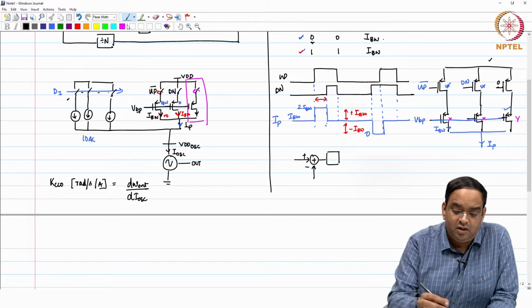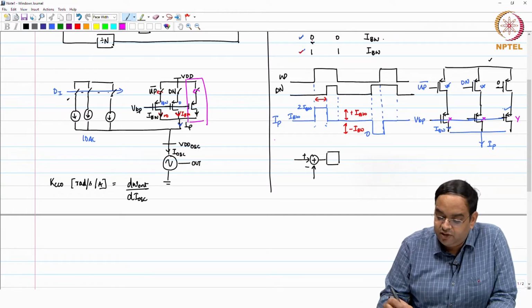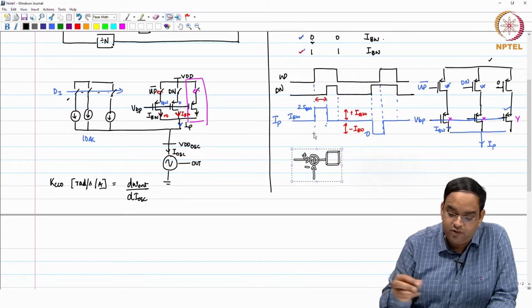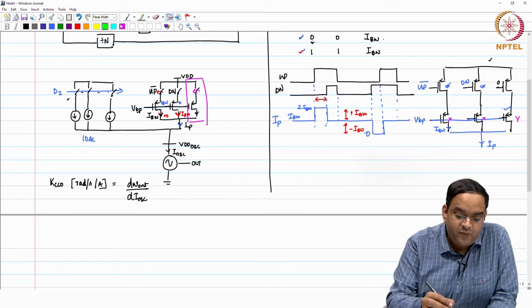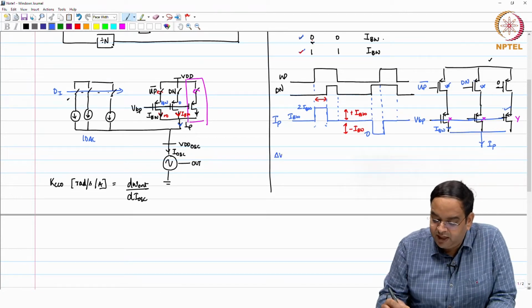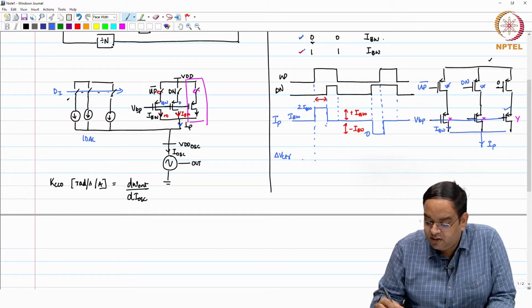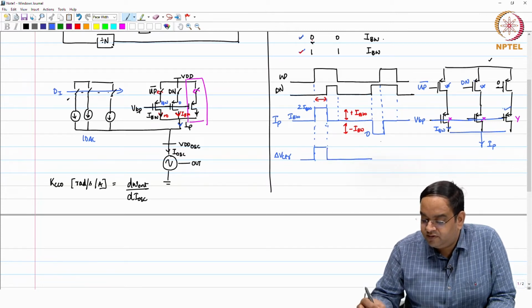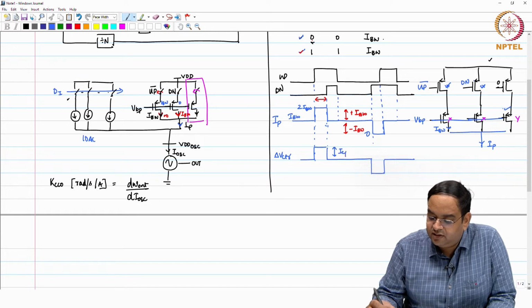If you recall your voltage control, delta V control, let me just put it back here. Your delta V control because of the proportional path was, in this case it would have been ICP times R, okay, and this would have been 0, and this case would have been minus ICP times R. Whatever your charge pump current is, that was the proportional path gain.